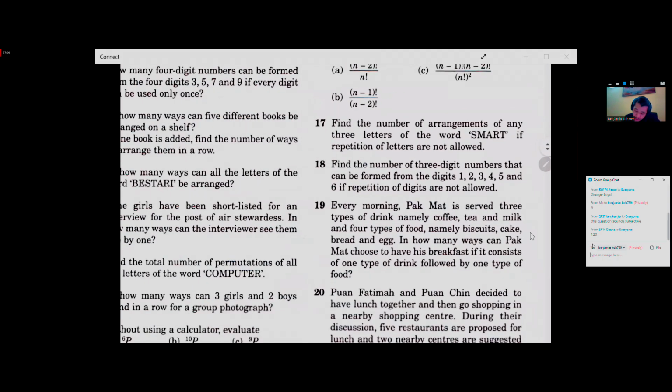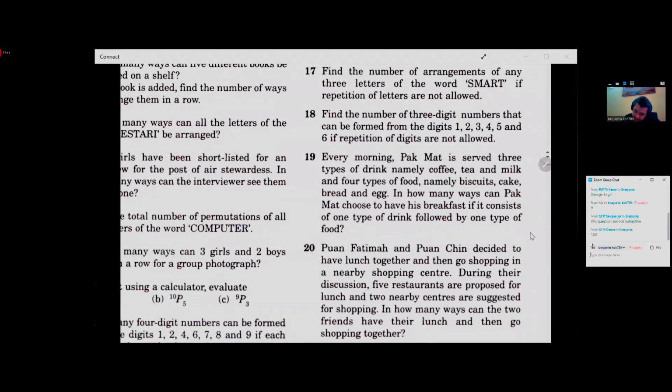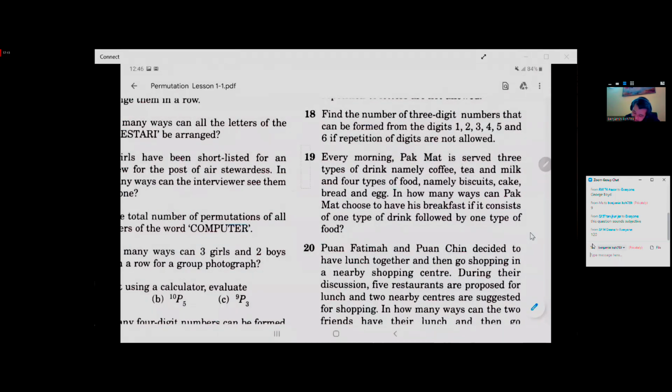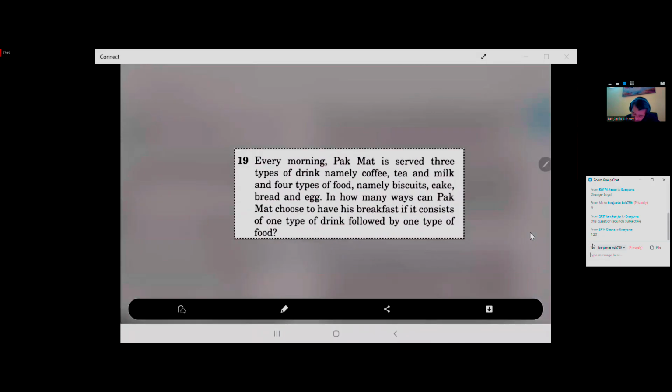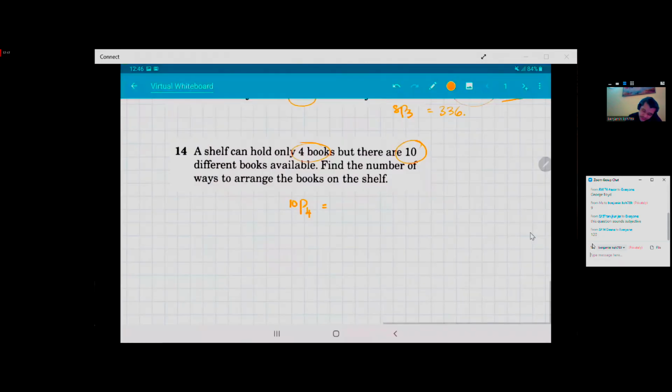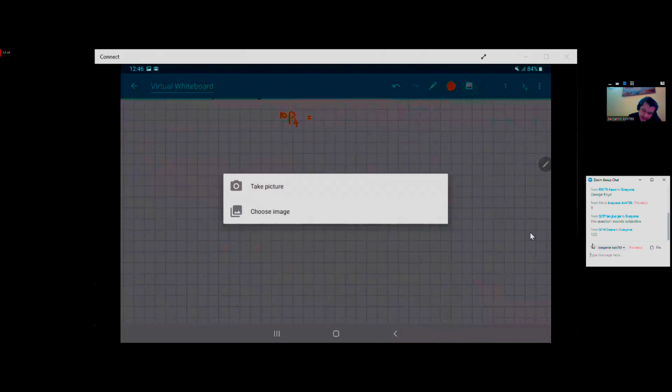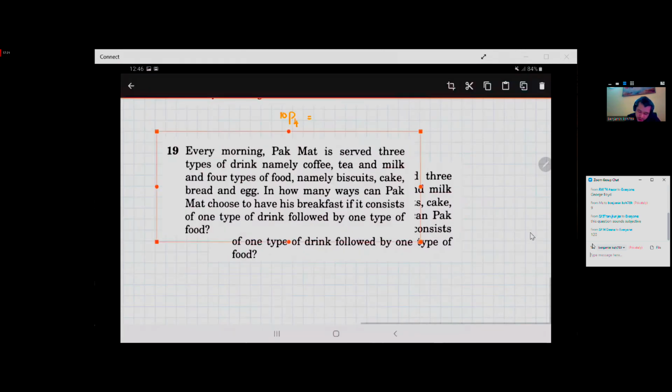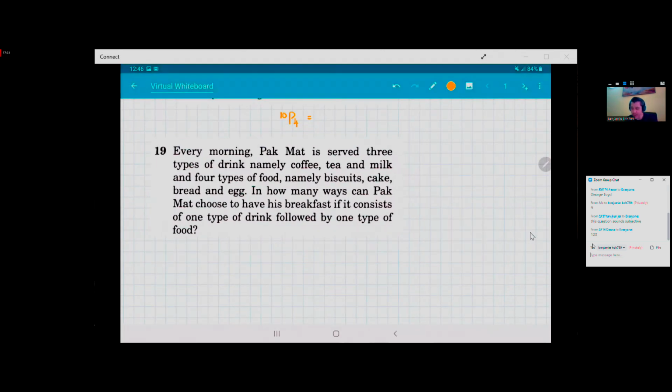Okay. All right. So let's look at question number 19 then. So you guys already understand a little bit about your basic permutation. So why don't you try now and find your answer for number 19? Read the question. Baca soalan. Yang ni ialah Pak Mat. Pak Mat bangun tidur, dia nak makan sarapan.